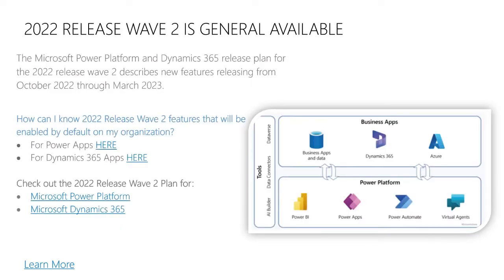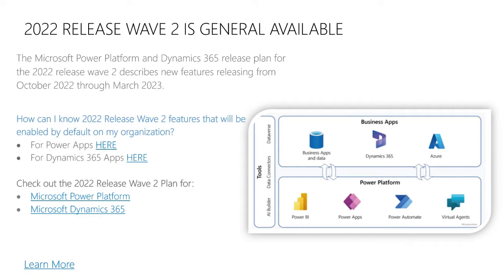I just want to mention again Release Wave 2. I think we talked about this last time as well, but Release Wave 2 is generally available. As with the typical schedule for the release waves, this became generally available at the beginning of October and has now been rolling out to the different regions.